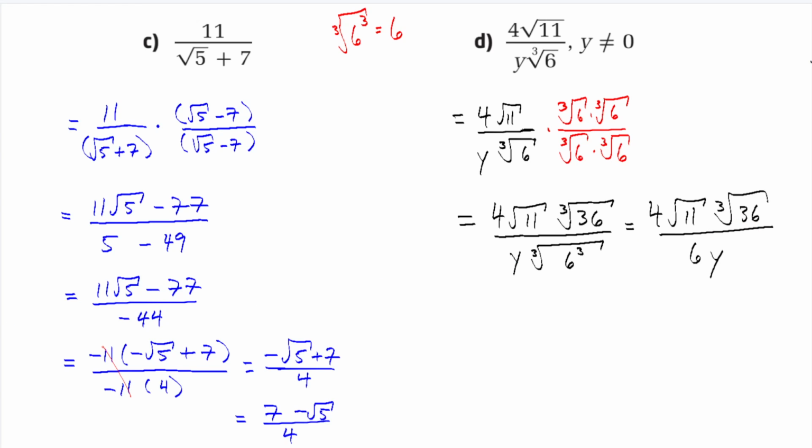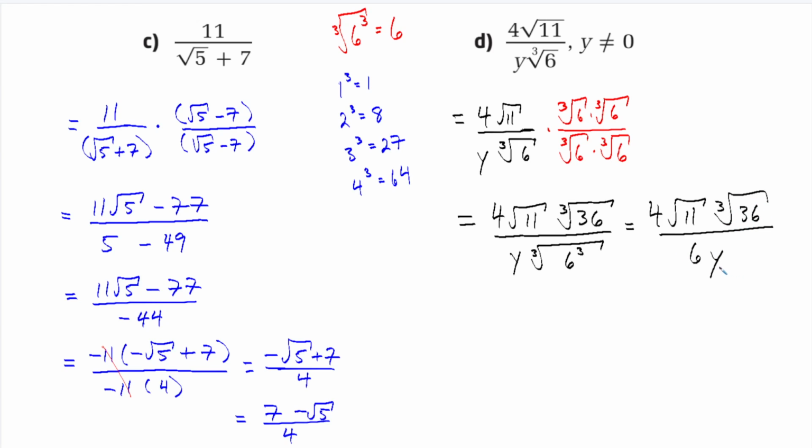If you think about your cube numbers, though, remember 1 cubed is 1, 2 cubed is 8, 3 cubed is 27, and then 4 cubed would be 64. 8 might be tempting to look at, but 36 is not evenly divisible by 8. It'll divide nicely, you'll get a decimal that's not so bad, but it can't be divided evenly. And 27 is right out. So this cube root of 36 will also not simplify.